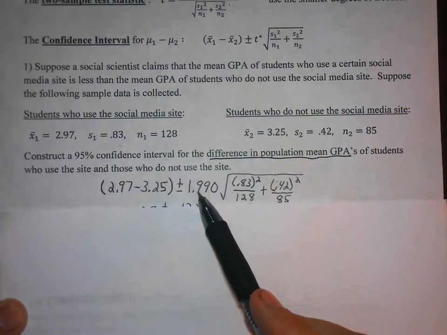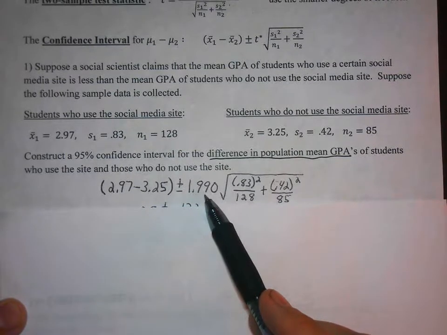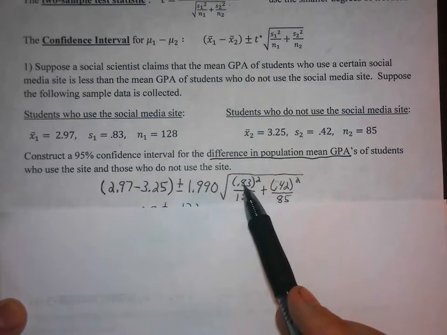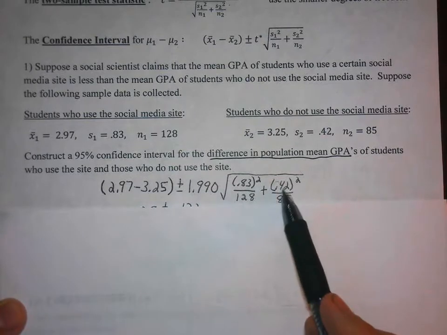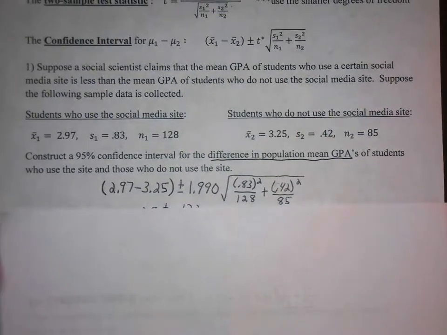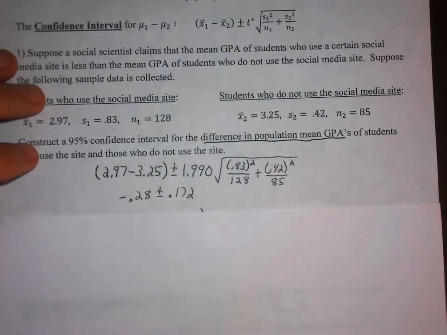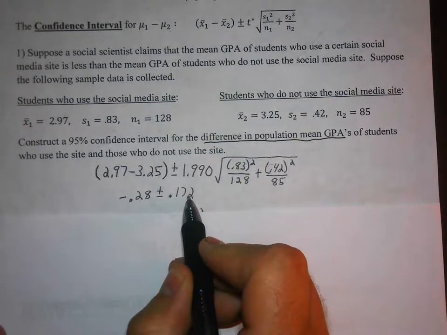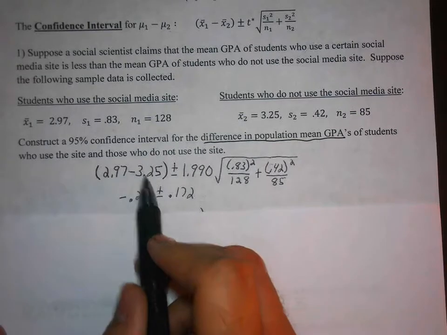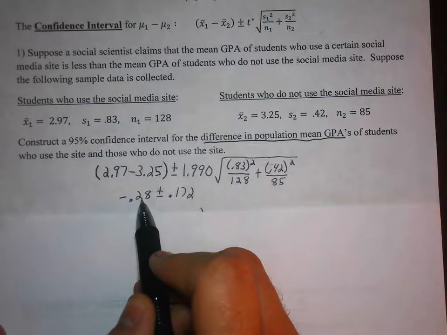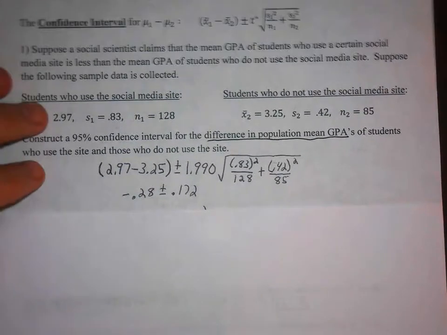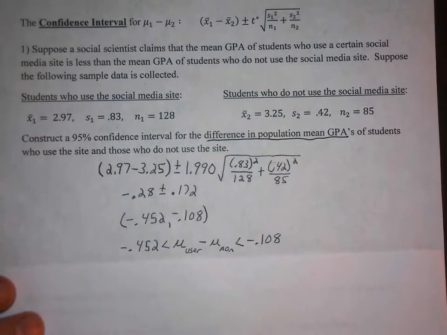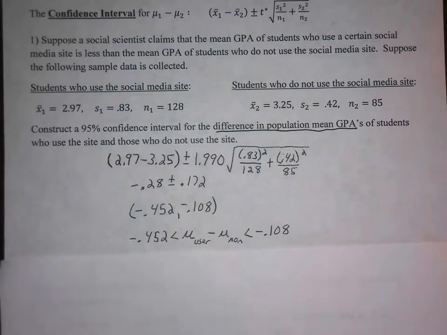That gives you 1.990 from your t-table. And then we substitute in our standard deviations and sample sizes. And then you end up with a margin of error of about 0.172. The difference in the sample means was negative 0.28. So your ending confidence interval is negative 0.452 to negative 0.108.